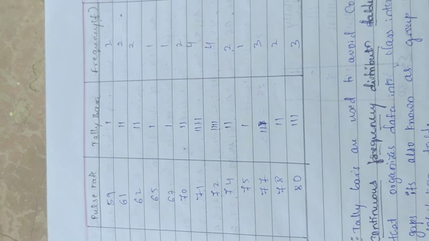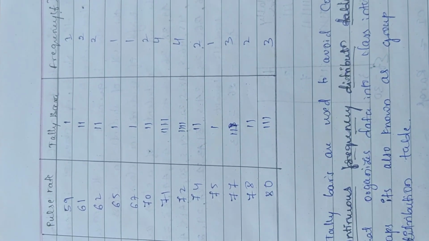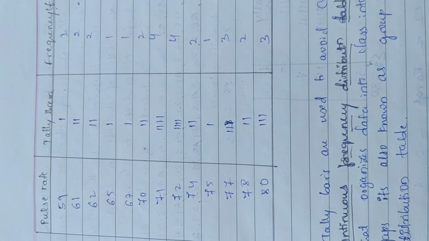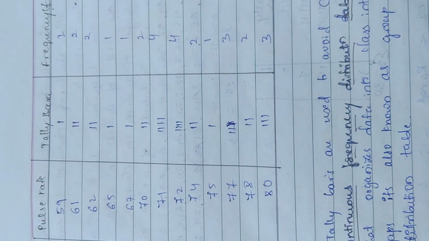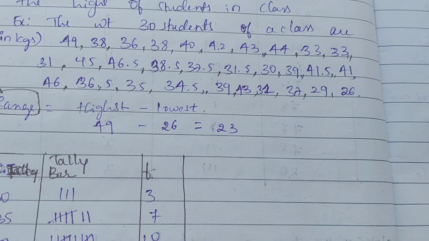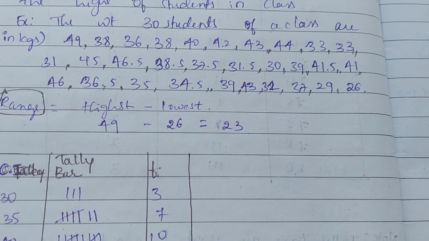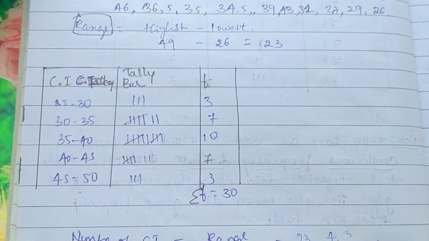So 59 is repeated one time, 61 is repeated two times, 62 is repeated two times, and this is the simplest form of tabular presentation of discrete data. Here is an example of continuous grouped data, a continuous frequency distribution in tabular presentation.